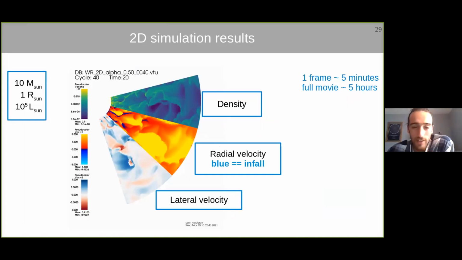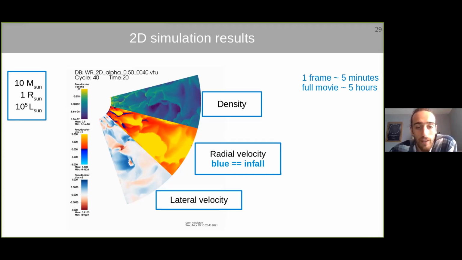So okay, let's get to the results. I will show you a video soon after this slide, where we actually use this model to model a 10 solar mass star with a 1 solar radius and 10 to the 5 solar luminosities. And I will show you 3 panels, the same that you can see here. So on top panel, I plot the logarithm of the gas density.